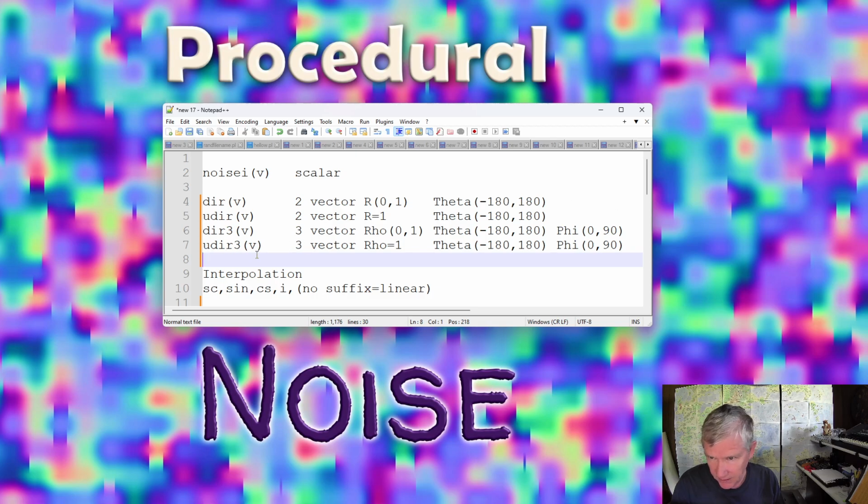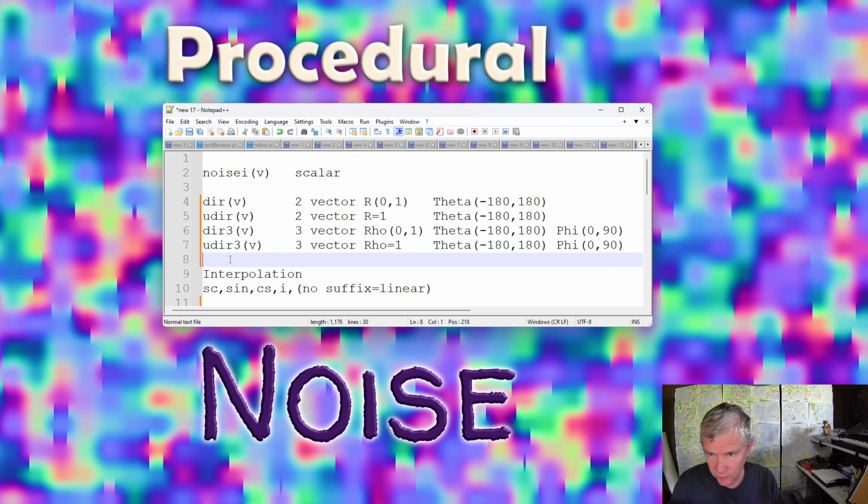And then udir3 has a vector with a radius equal to 1, and the xy angle again ranges from minus 180 to plus 180 degrees, and the phi angle goes from 0 to 90 again.